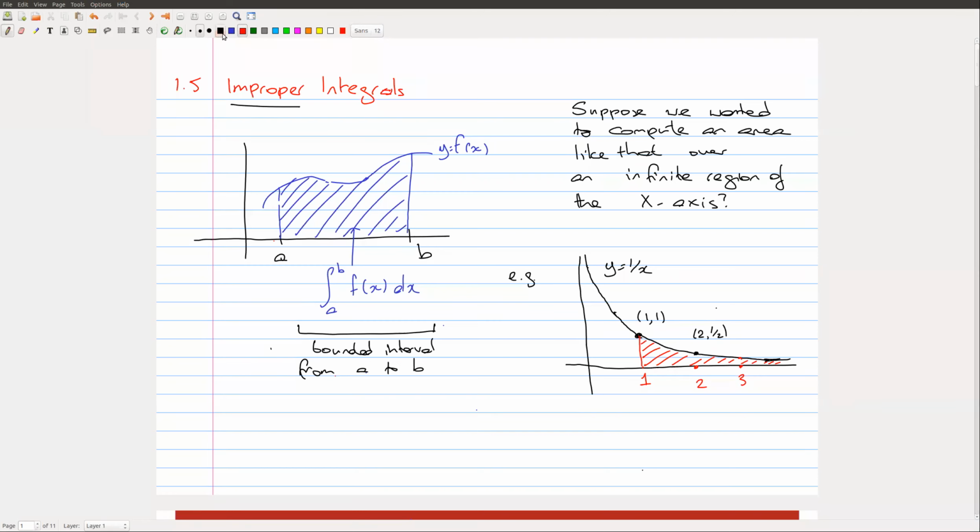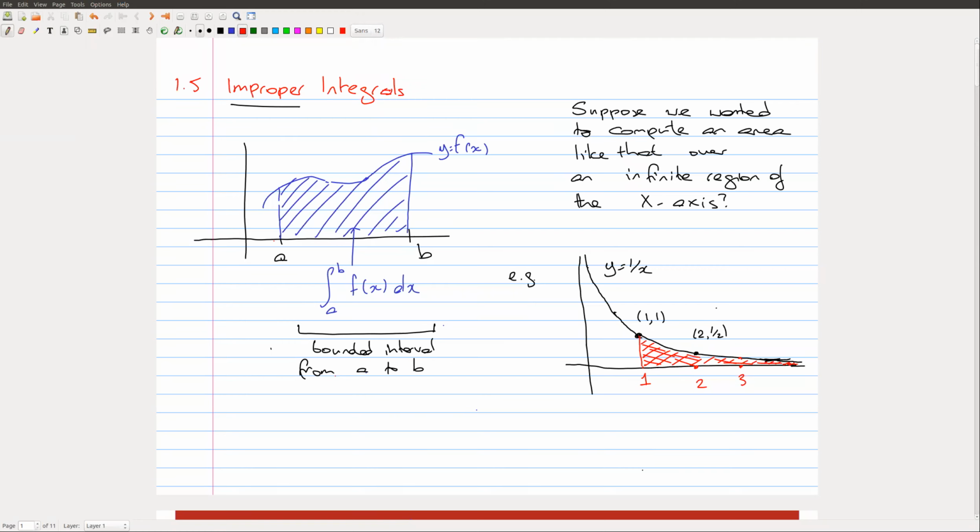As we travel further along, the graph, which is this black line, gets nearer and nearer to the x-axis. And we can certainly talk about that region. It's a region that's infinite in width, and its height is finite at every step, but its height is shrinking as you travel out to the right. So, could we talk about the area of that red region?